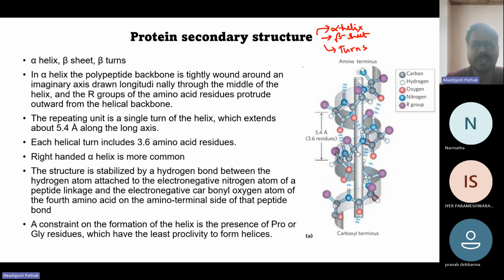But we will just quickly go through this and not go into too much detail. So in the alpha helix, what happens? The polypeptide backbone.